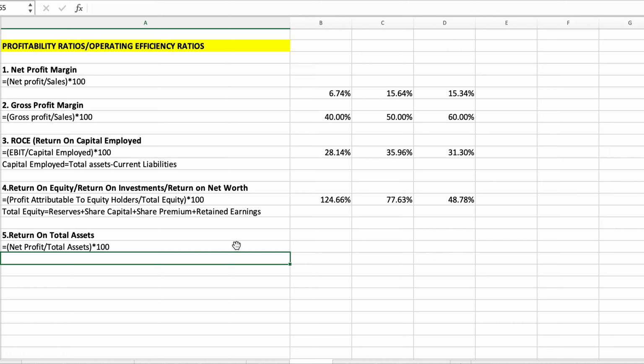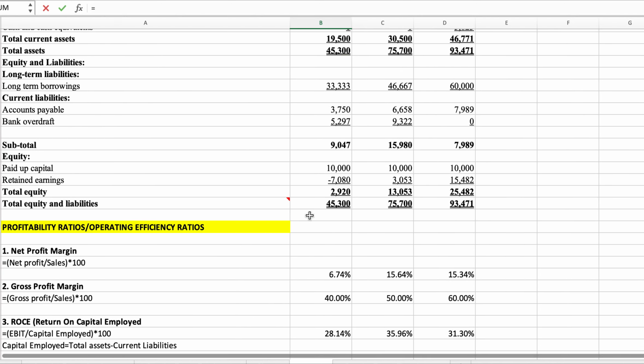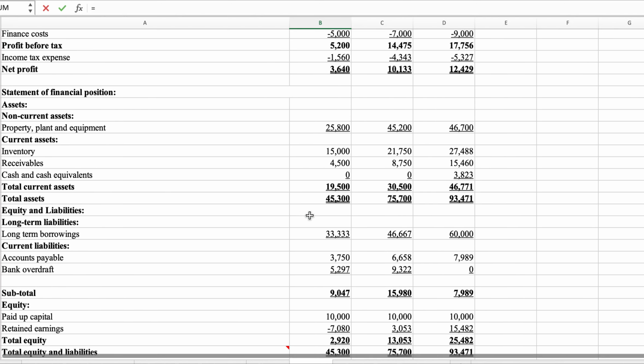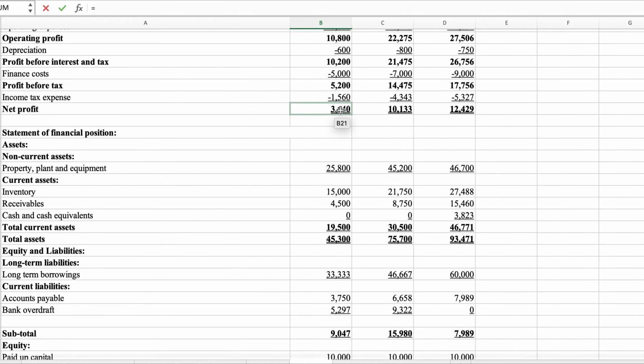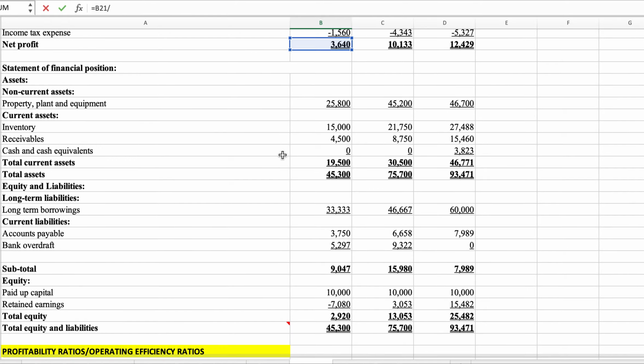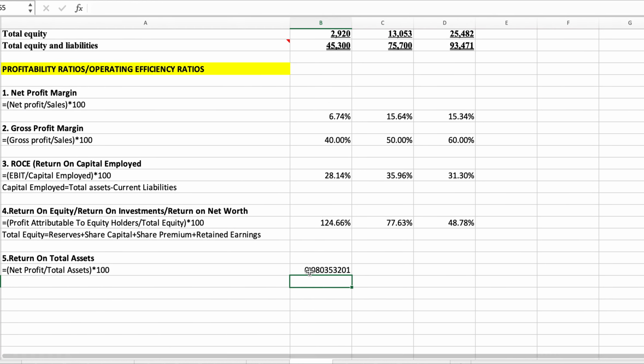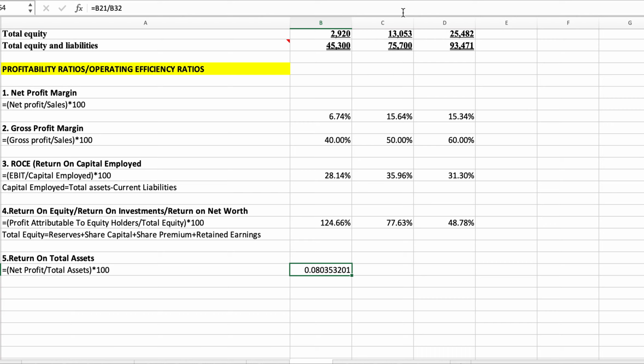So let us find the return on total assets for the year 2020. We said it is given by net profit divided by total assets. What is our net profit in 2020? Our net profit here is 640. You divide by the total assets, which is 45,300. Then you express as a percentage by multiplying by 100.